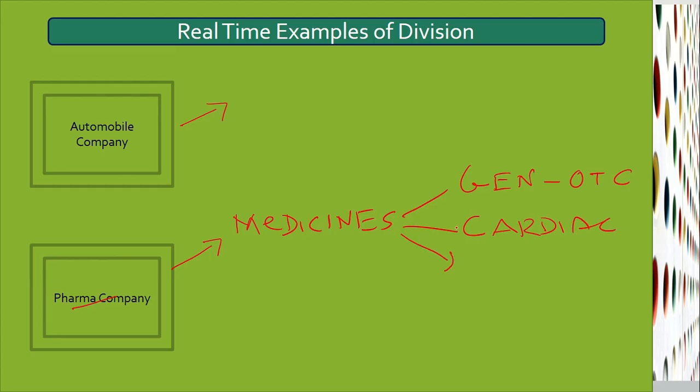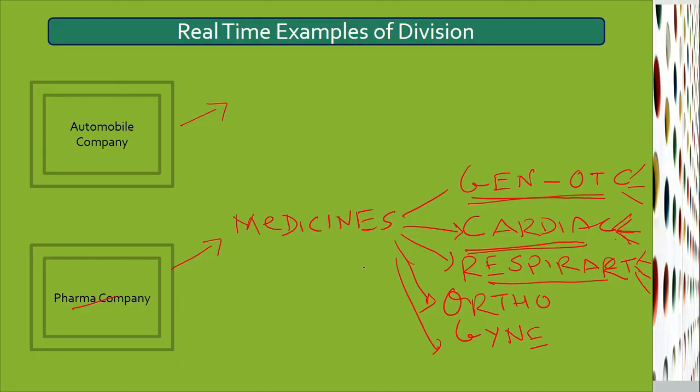Then for respiratory systems there can be multiple medicines used to cure the respiratory system. There can be medicines to treat ortho, and there can be products related to women, meaning gynae products. So these are the divisions. I hope you have understood what a division is in SAP.